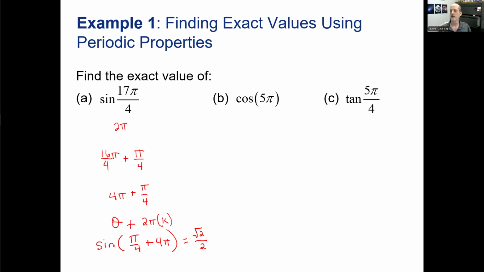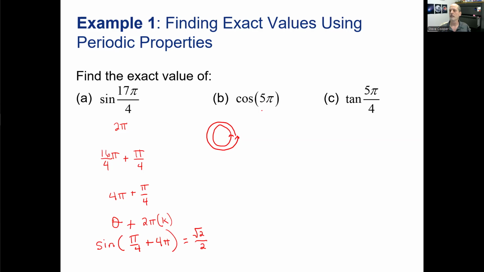Okay, so how about the cosine of 5 pi? This one's a little easier here because we know that 4 pi is going to take us twice around, right? There's 2 pi, 3, 4 pi.